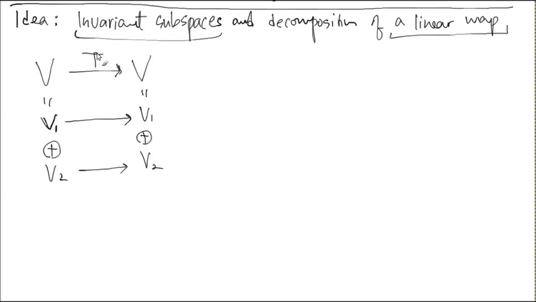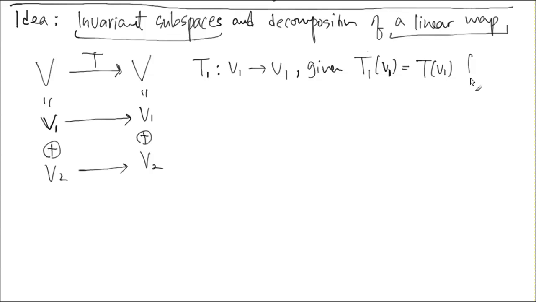So if you restrict this map T to V1, it becomes an endomorphism. Here's some T1 map. You can restrict T to V1, given by T1 of v equals T of v for all v in V1.